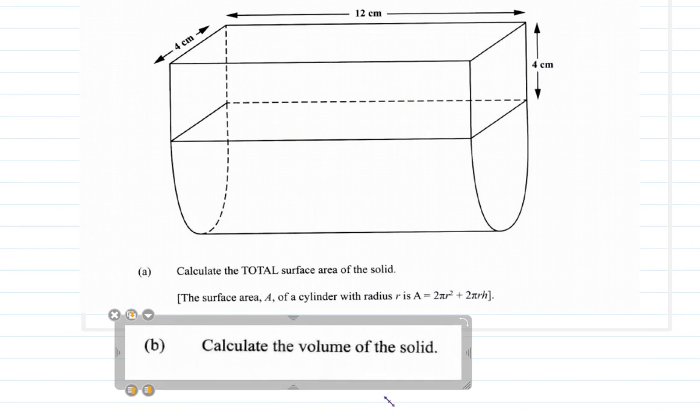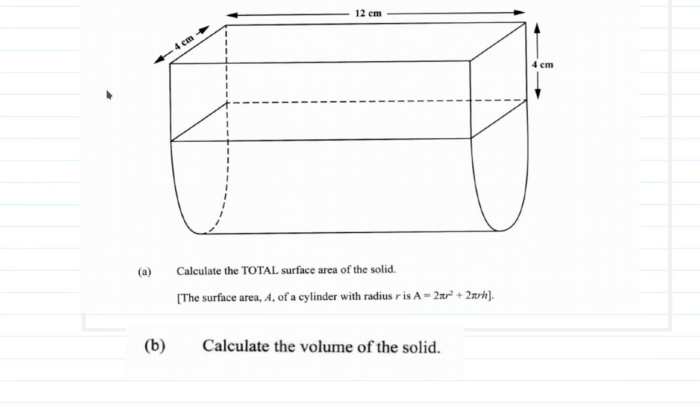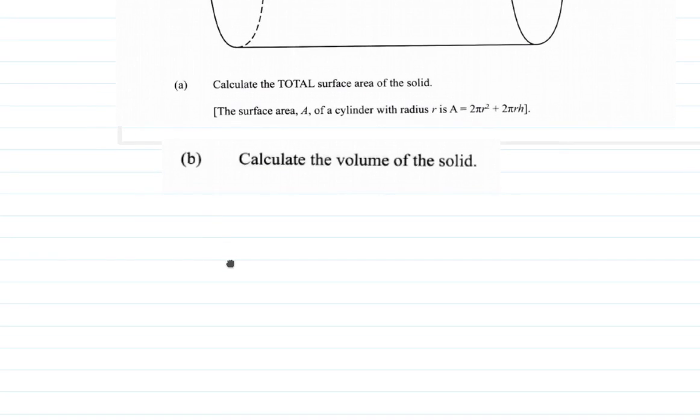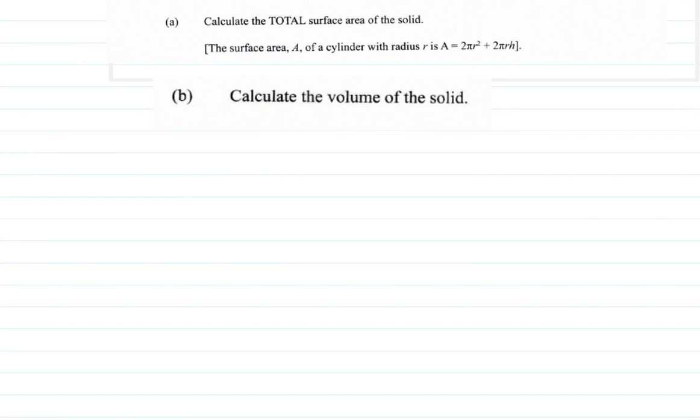Now, this shape, if you cut it right along here and go across with the cut like this, what you're going to get is this. You are going to have two shapes.